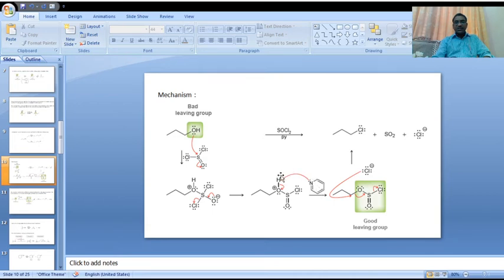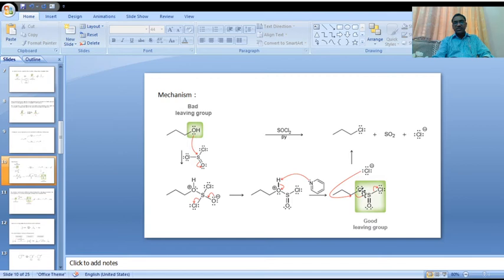Pyridine abstracts this hydrogen, cleaving the OH bond, and this particular oxygen, which actually had a positive charge, gets neutralized after breakage of the OH bond by the pyridine's abstraction of hydrogen.